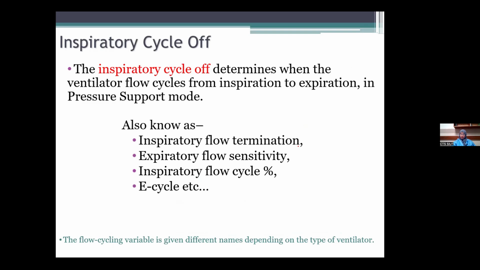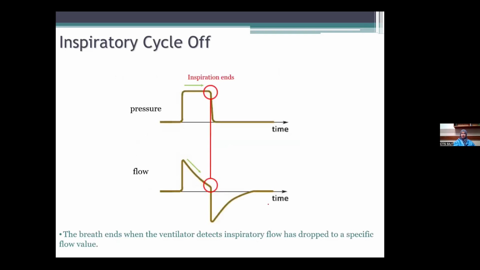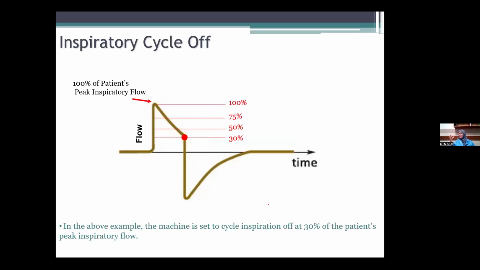An inspiratory cycle basically determines when the ventilator cycles from an inspiratory mode into an expiratory mode. And for different ventilators, it has been given different names. But the basic concept is that peak inspiratory flow of a patient is broken down into percentages. And whenever a set percentage of that is reached, the ventilator just goes into the expiratory phase from the inspiratory phase.